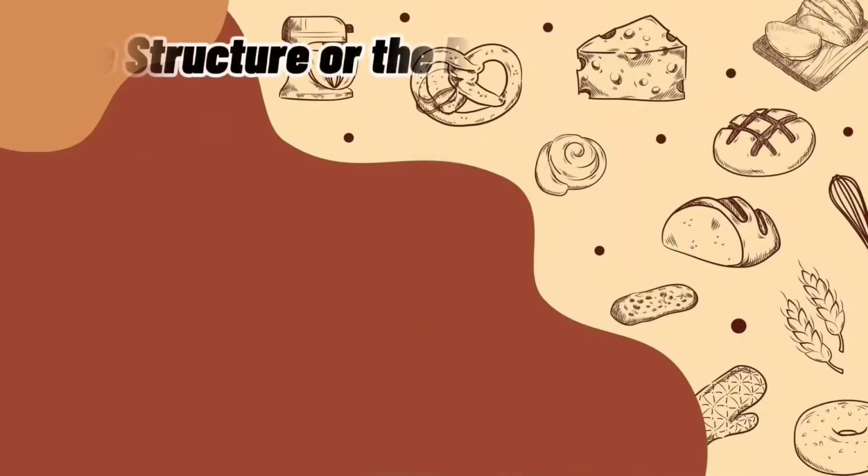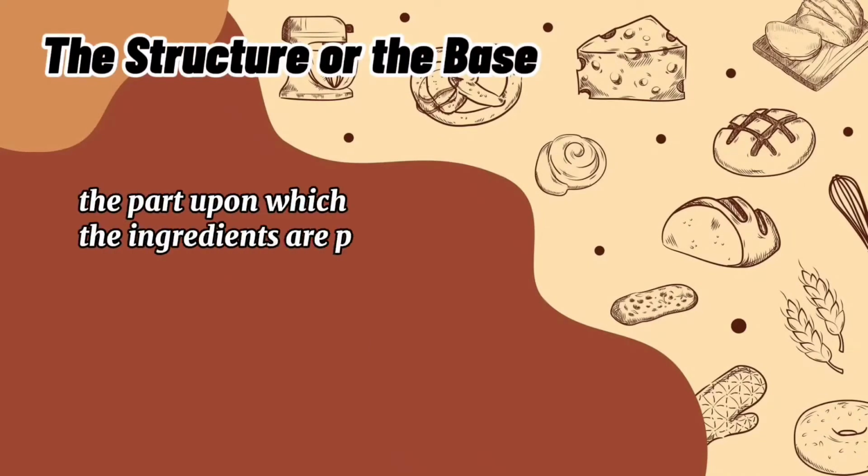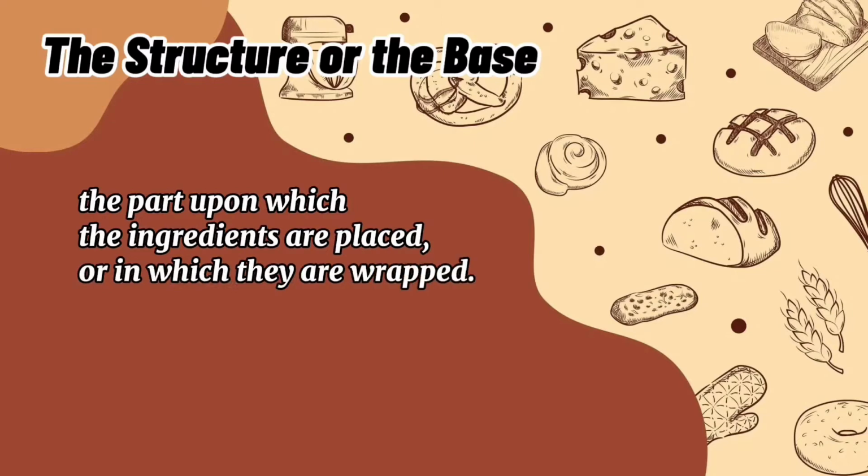The structure or the base. It is the part upon which the ingredients are placed or in which they are wrapped. The base acts as the carrier of the other ingredients and must be sturdy enough to hold the ingredients without becoming limp or broken.